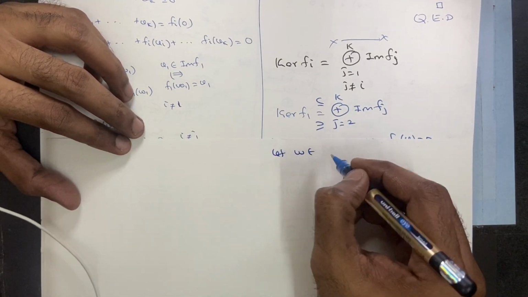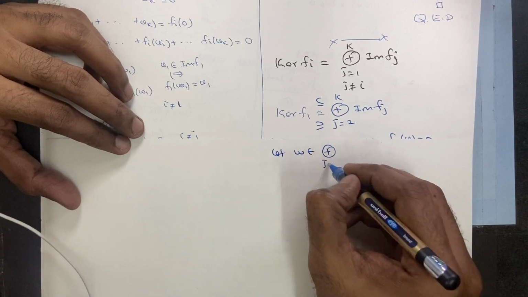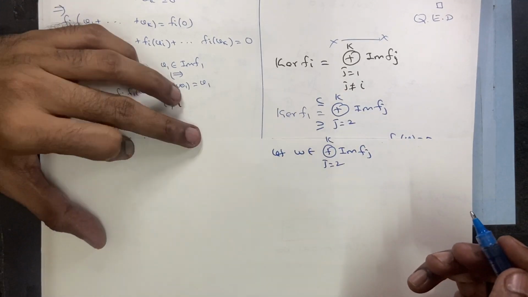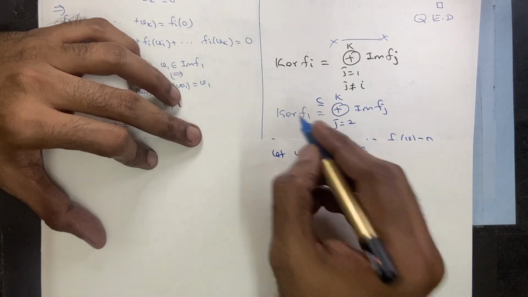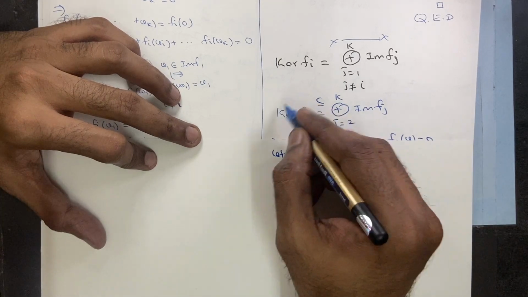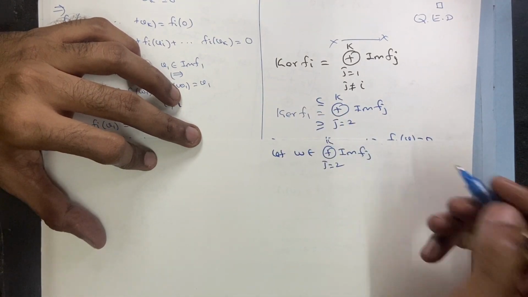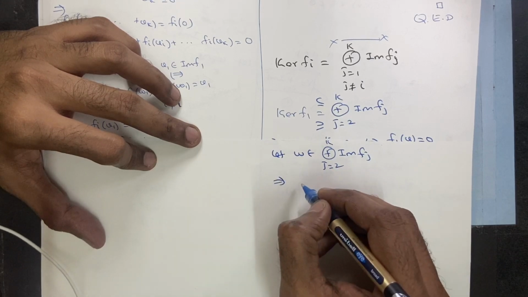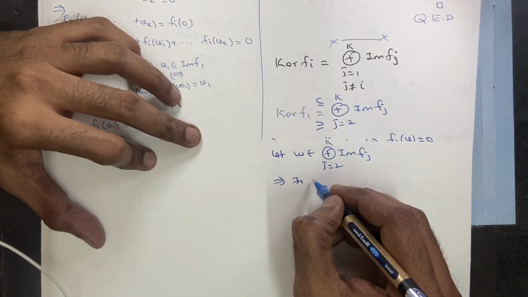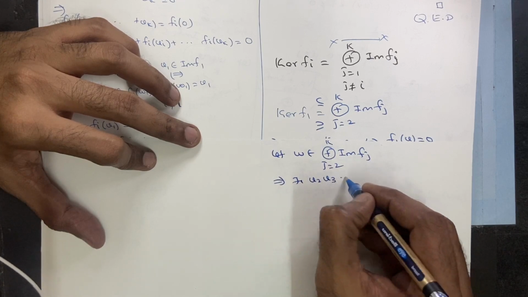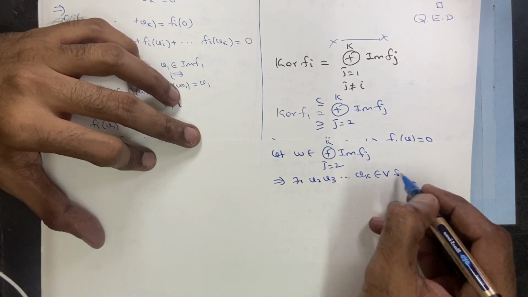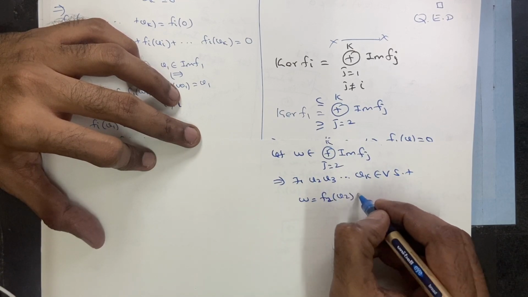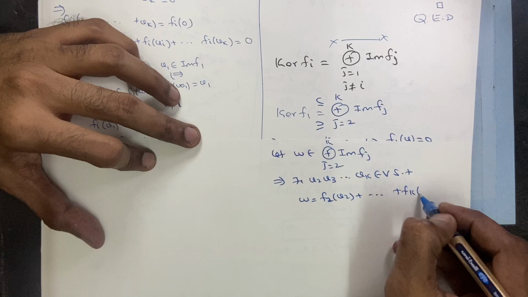Let w belong to the direct sum of j running from 2 to k of the image of fj. The claim is that w belongs to the kernel of f1, that means we want to show that f1 of w is 0. Since it belongs to this, by definition there exist v2, v3, up to vk belonging to V such that w can be written as f2 of v2 plus etc. up to fk of vk.